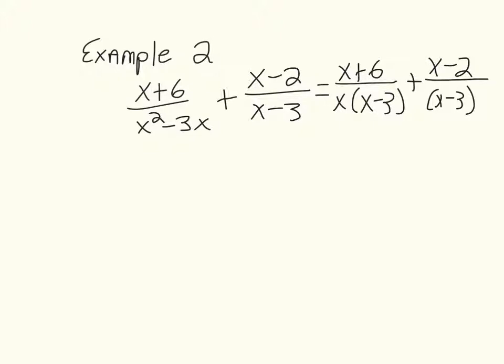So if I look at my denominator, in the first fraction, I have x times x minus 3. In the second fraction, I only have x minus 3. So what I need to do is multiply by the giant 1 of x over x. When I multiply by that x over x, this x is going to get multiplied to everything in the numerator.